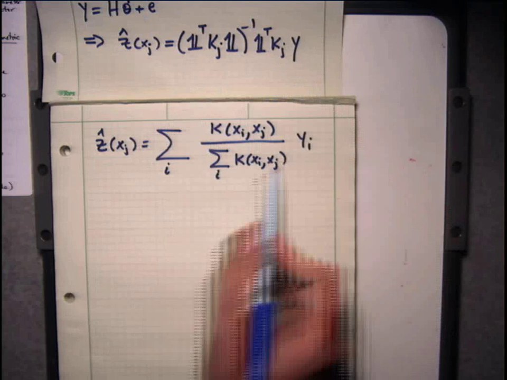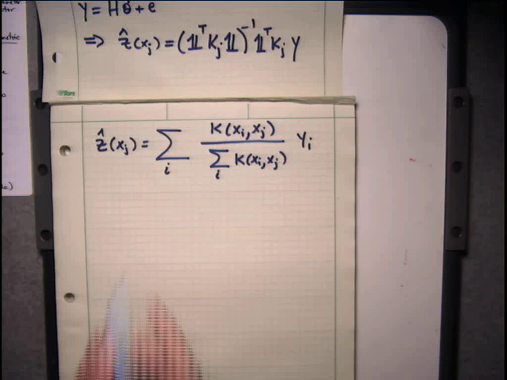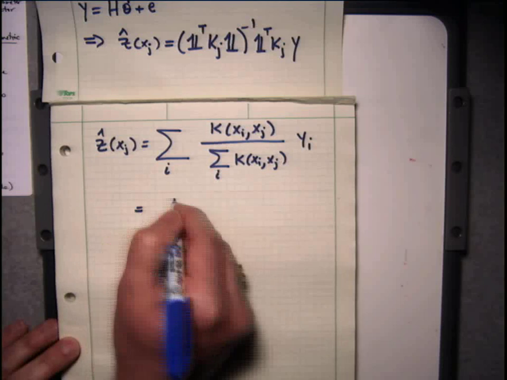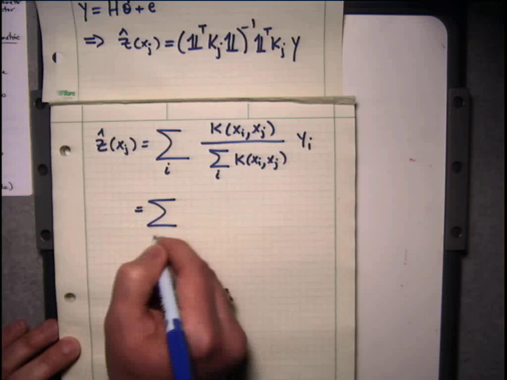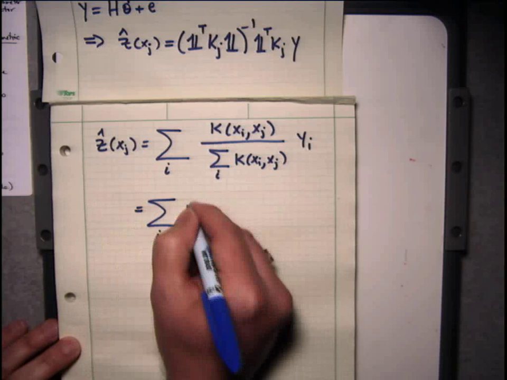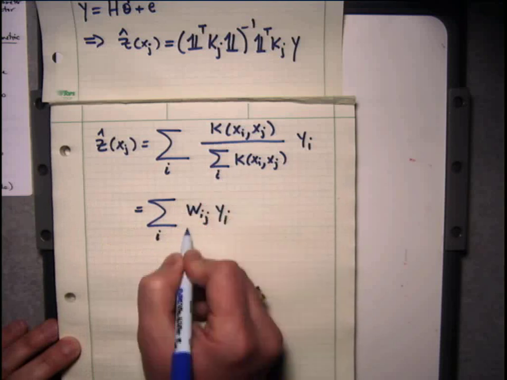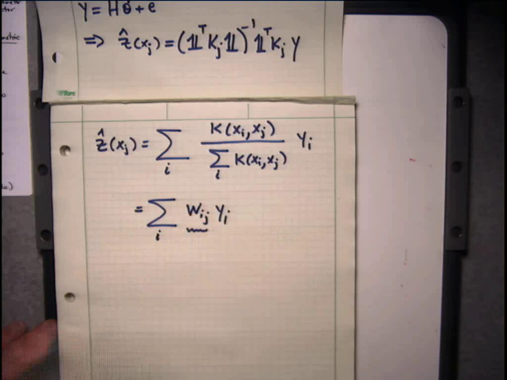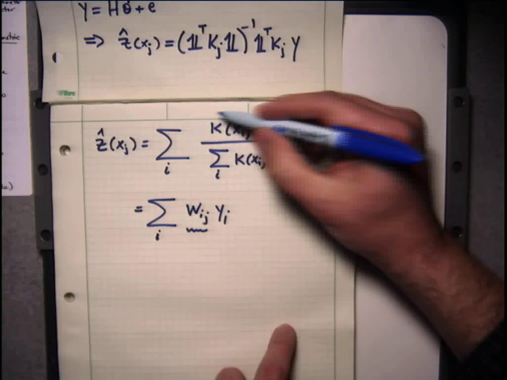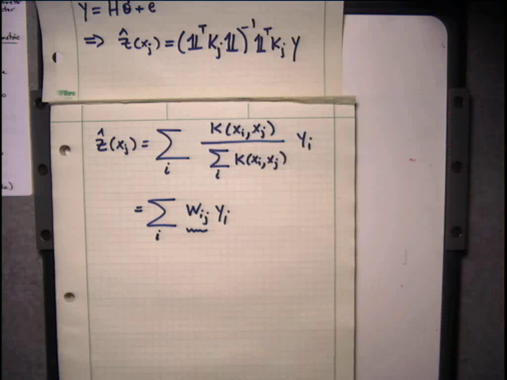Okay, so what is this? We can write this in a simpler way as the sum of wij times yi, where these coefficients w are simply these guys.